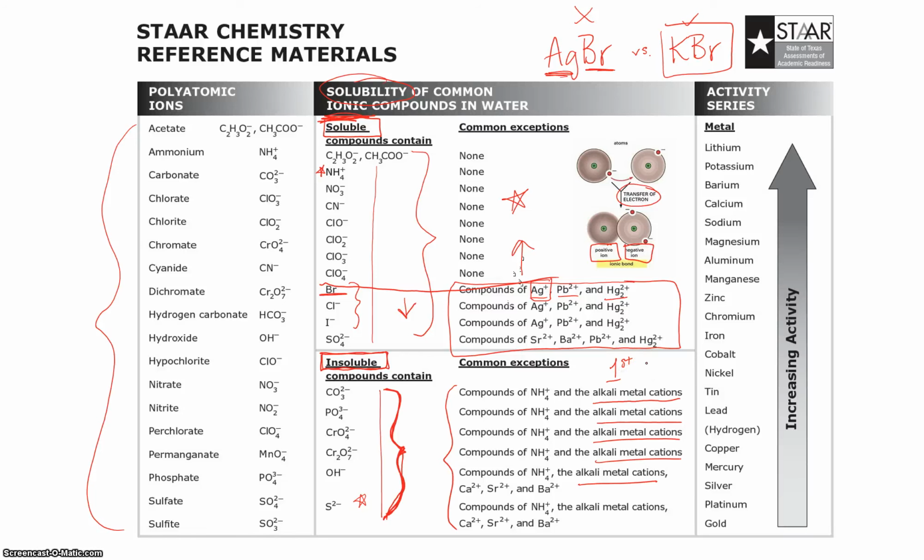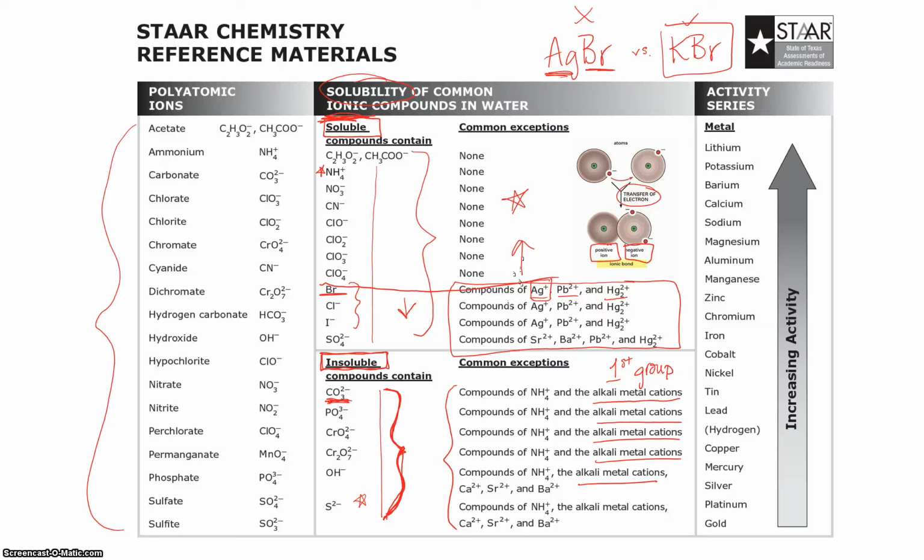The first group. We'll do super chemistry terms. First group on the periodic table. Okay, so for instance, if you have carbonate here, carbonate is usually insoluble, which means it cannot dissolve, unless it's in a compound with ammonium or any element from the first group on the periodic table, the alkali metals.